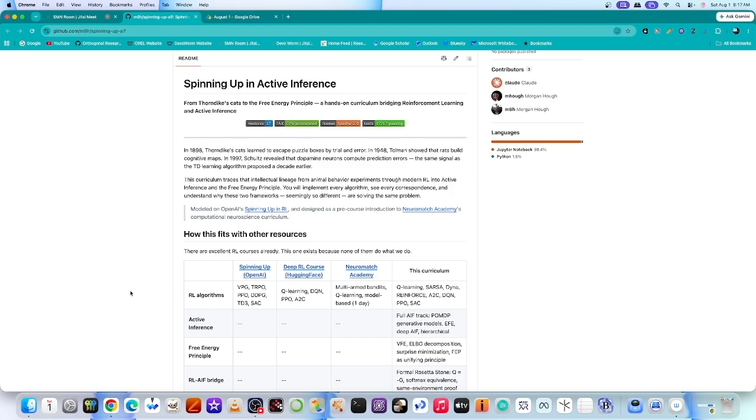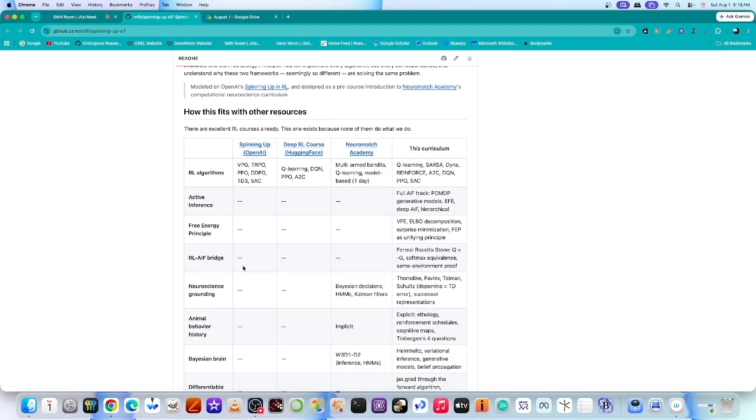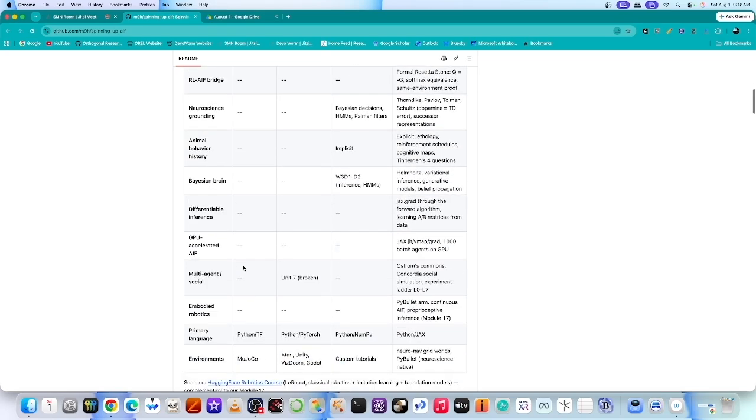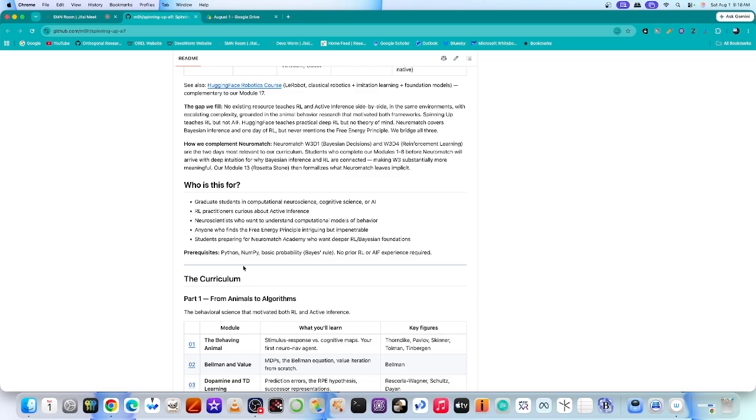So this is modeled on OpenAI spinning up reinforcement learning, and then this is spinning up, I guess, active inference. I've used that theme, right? Because I've got spinning up in PDEs and I've got spinning up in mech interpretation.